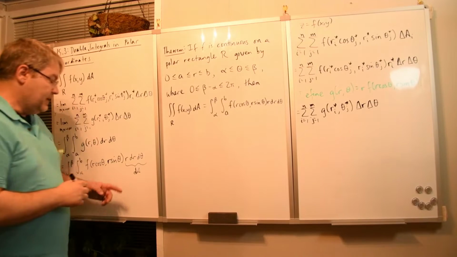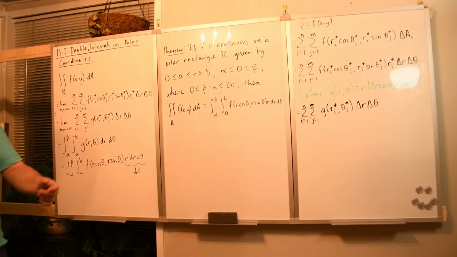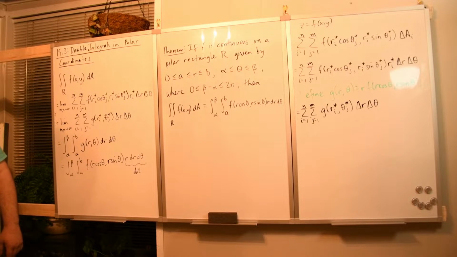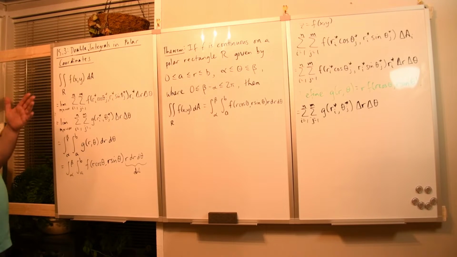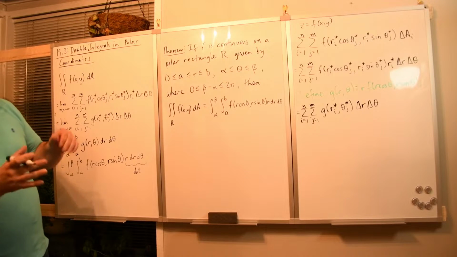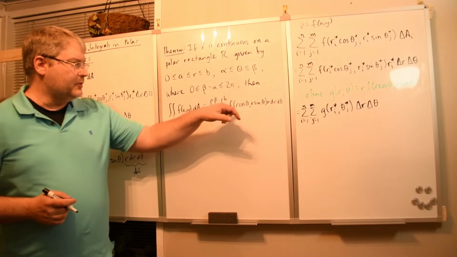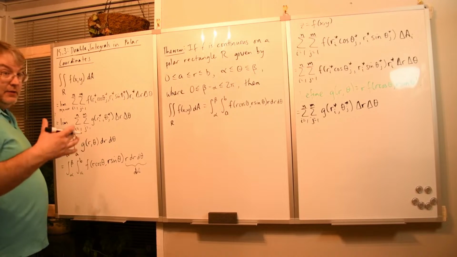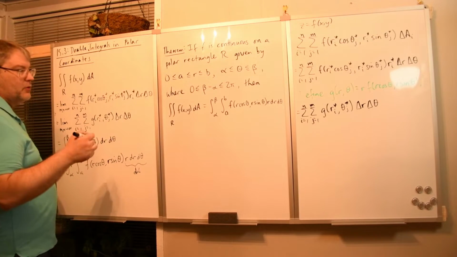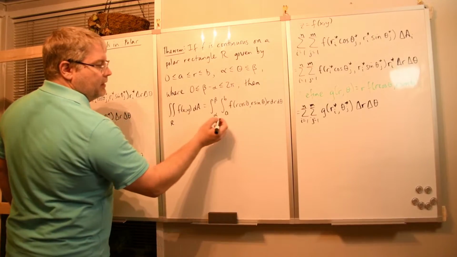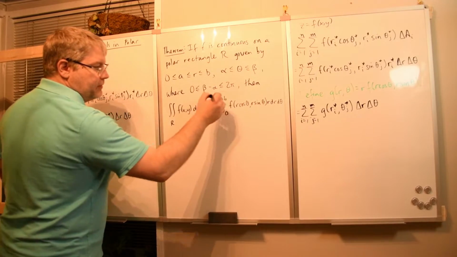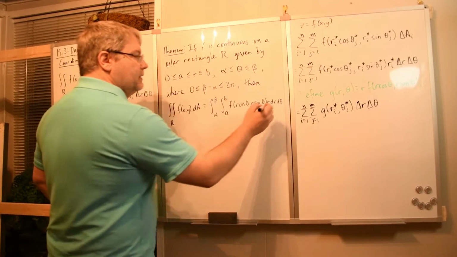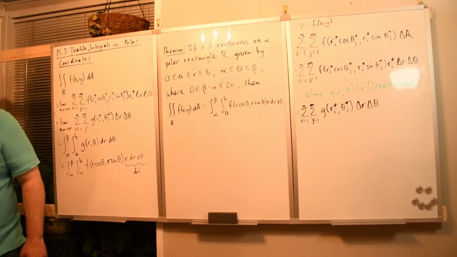So once again, this r dr d theta is actually going to correspond to our differential of the area. And then we're basically using the conversion equations that I had up earlier, where x is equal to r cosine theta and y is equal to r sine theta. And then in terms of polar coordinates, for this polar rectangle, you have theta ranging from alpha to beta, you have r ranging from a to b. So everything is consistent and working out exactly the way we're hoping for it to.